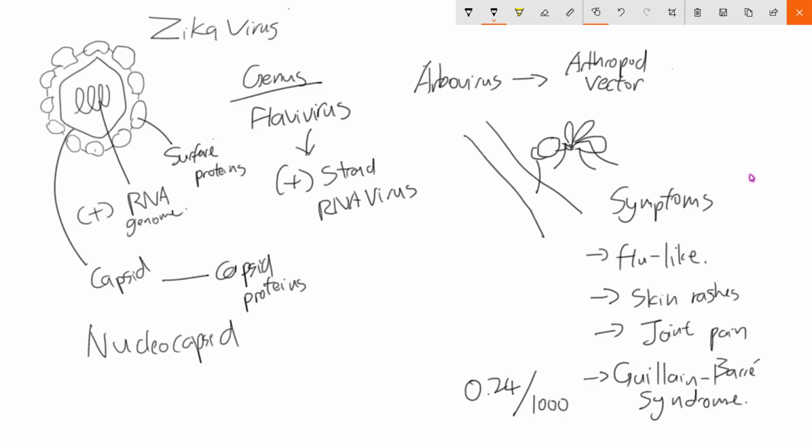And this could be a very bad disorder, and we're going to talk about it later. The Zika virus infection can also be asymptomatic, meaning that the infection itself does not present as any form of symptoms.